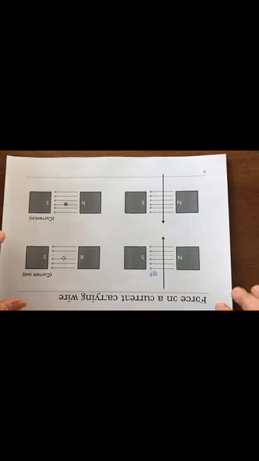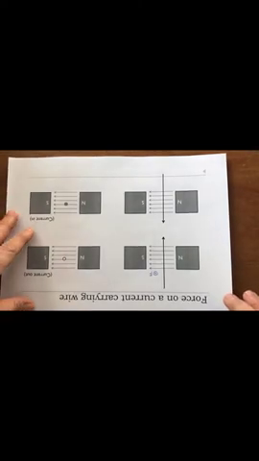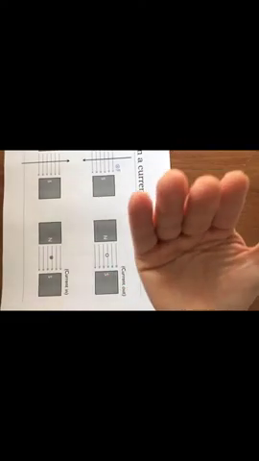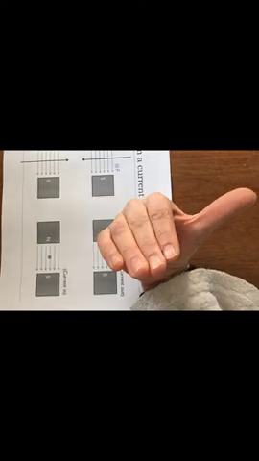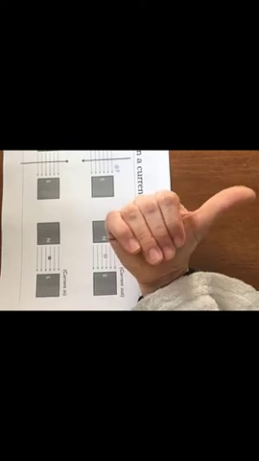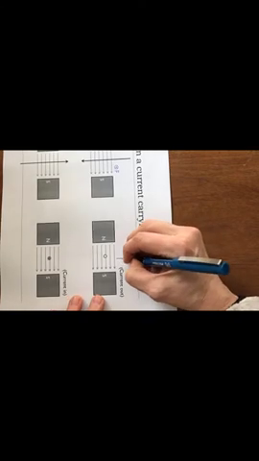I'm going to, let's see, do this one next, I think. Current points out of the page, so that means I have to point my hand upward. Then I have to point in the direction of the field, which is, I guess, towards me at this point. And my thumb is going to point towards the top of the page.